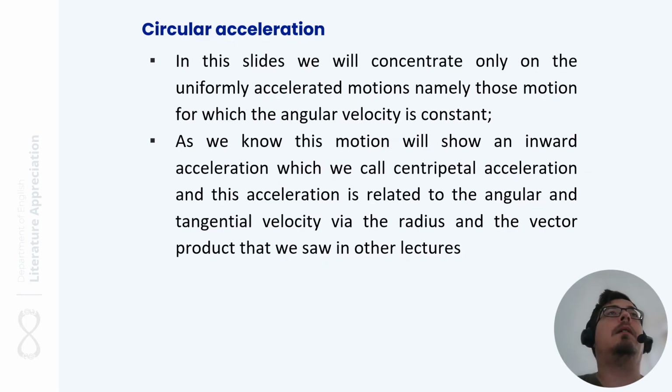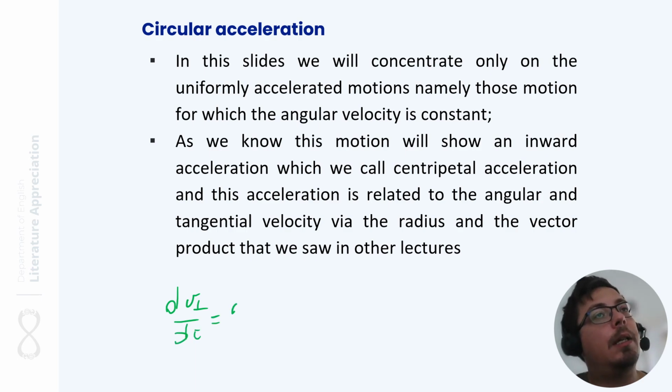Okay. The circular acceleration, as we already introduced, is whatever is changing the velocity in either the tangential or the radial direction. In the uniform circular motion, the one that we are dealing with, the derivative of v over t, so the tangential acceleration, is 0, at least the modulus, but the direction is not 0.